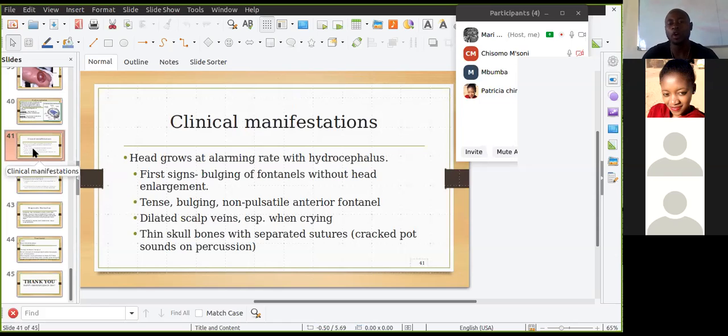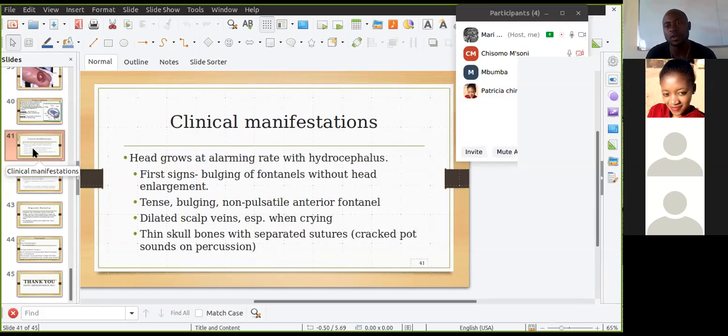So what is the clinical manifestation of a neonate with the congenital malformation of hydrocephalus? The mother will come with a complaint saying that the head of this baby grows at an alarming rate.